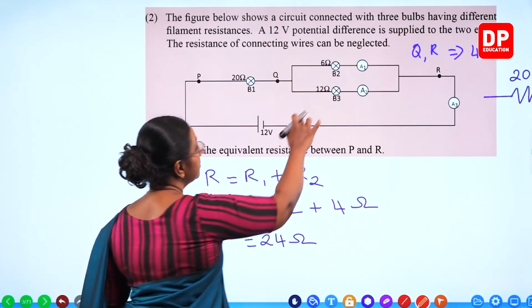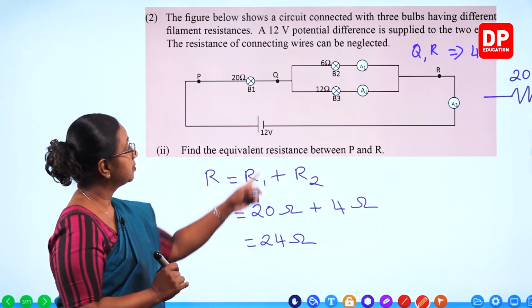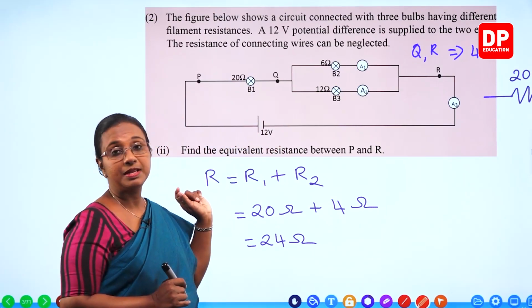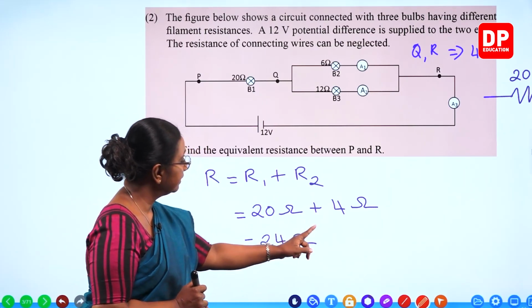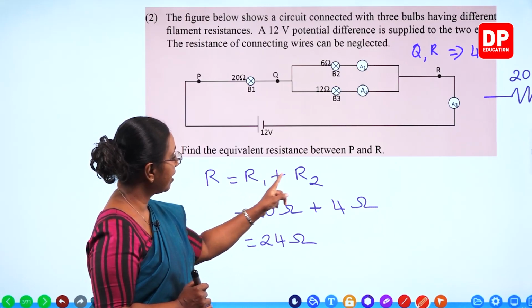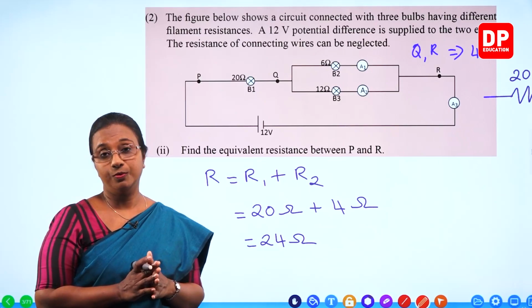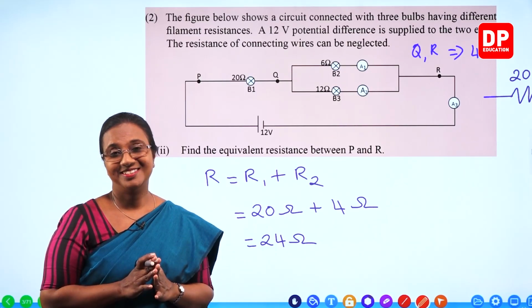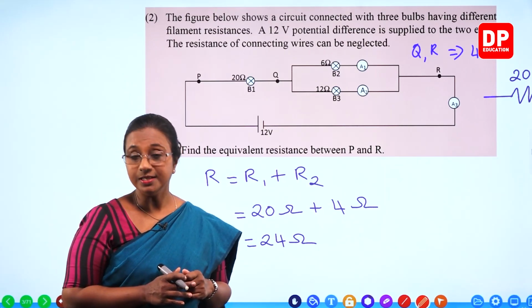So here, this whole part has a resistance of 4 ohm. So that is in series combination to 20 ohm. Therefore, we add the values. R equals R1 plus R2. 20 ohm plus 4 ohm, 24 ohms. Is that clear, student? So then we will move on to the next question.